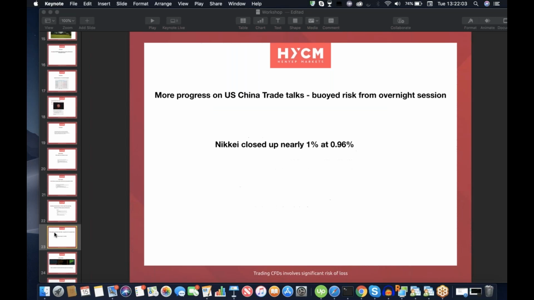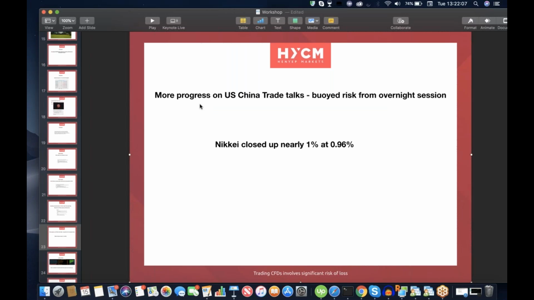Also on top of that, there was more progress made on US-China trade war talks. So you have this buoyancy over the night, over the Asian session. As a foreign exchange trader, you're thinking, what does that mean? Well, it's positive news for the financial markets.